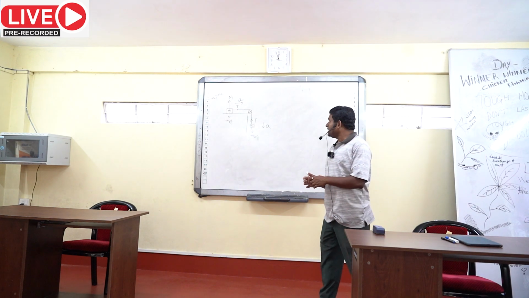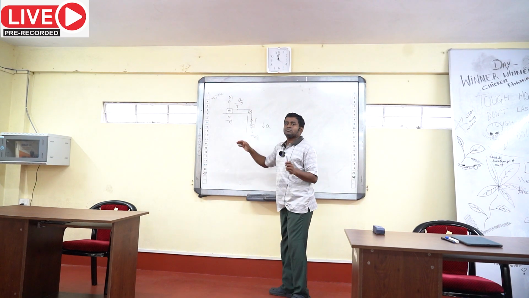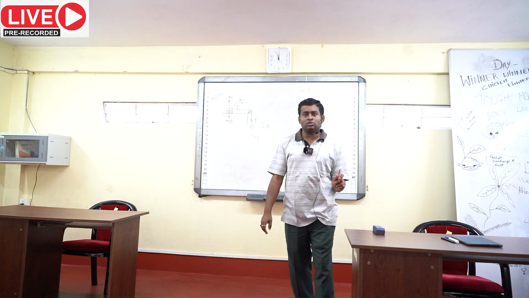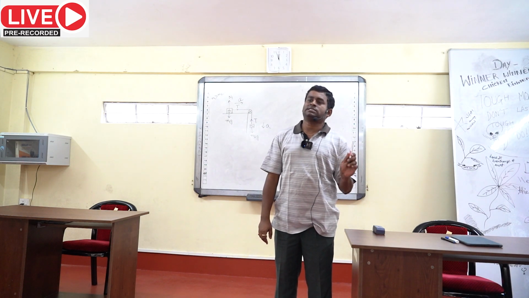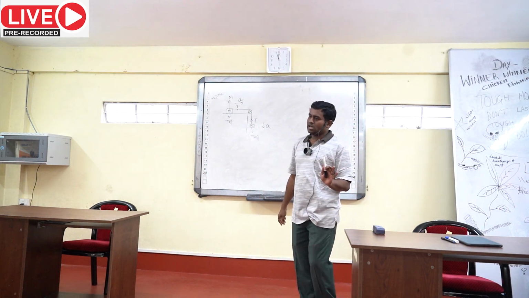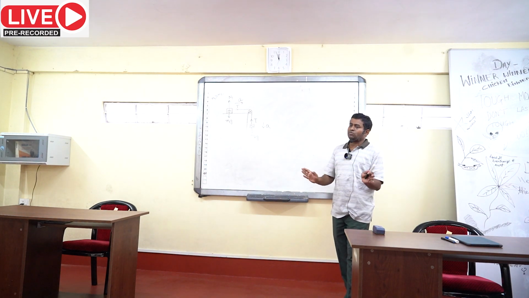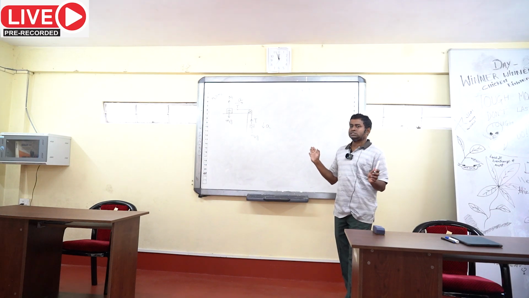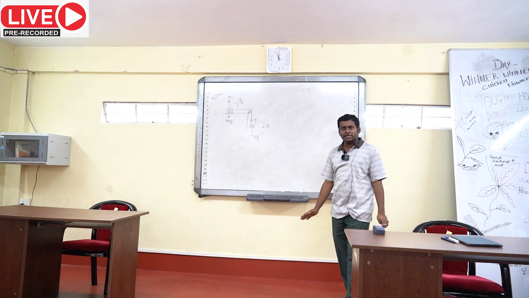There is only movement, so it will accelerate down, and M1 will accelerate on this side. Both the accelerations have the same magnitude because the string is inextensible. Clear? Tensions are the same because a massless string is provided and there is no friction. So tensions on both sides of the string are equal, accelerations are of equal magnitude.